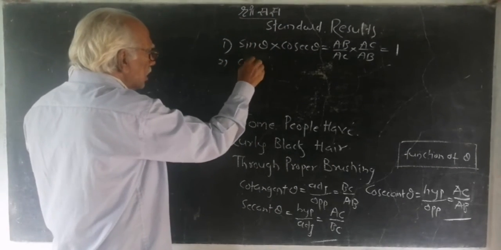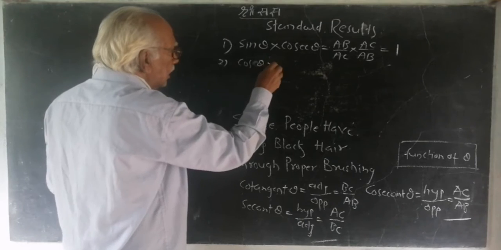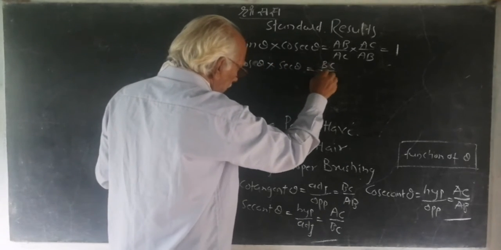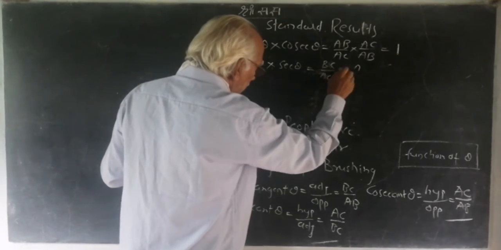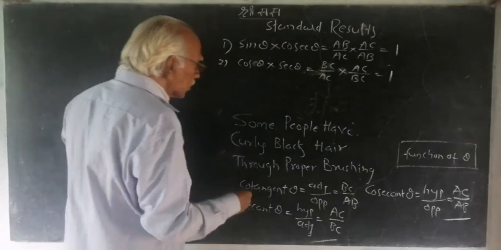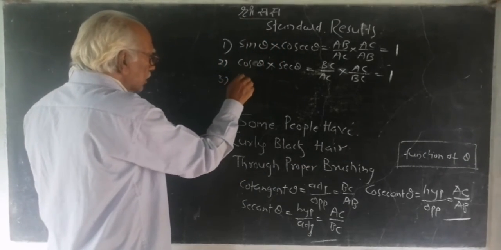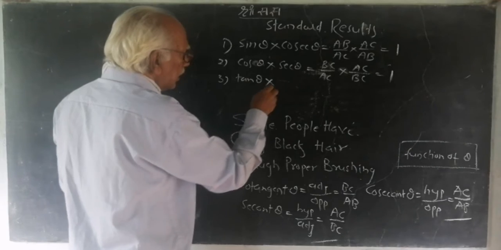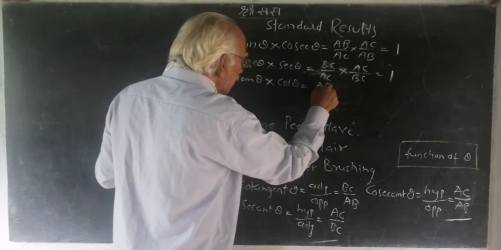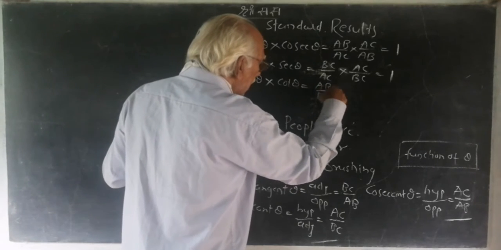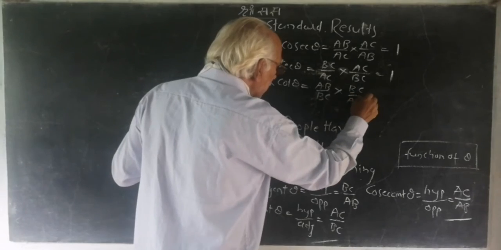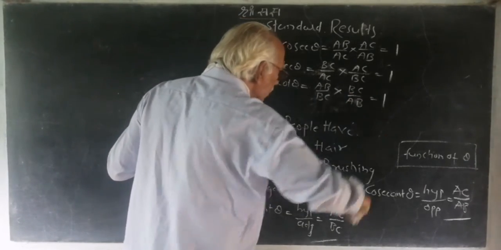Second one, cos theta into sec theta is equal to BC upon AC into AC upon BC, that is equal to 1. And third one is tan theta into cot theta is equal to AB by BC into BC by AB, that is equal to 1.